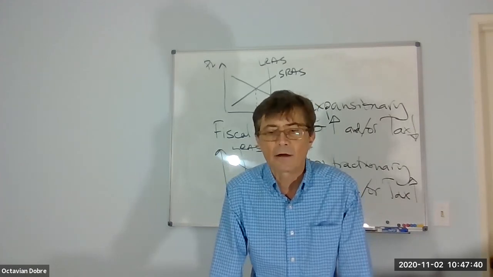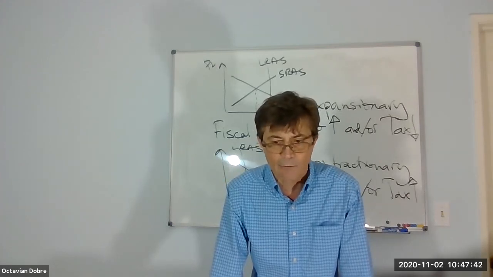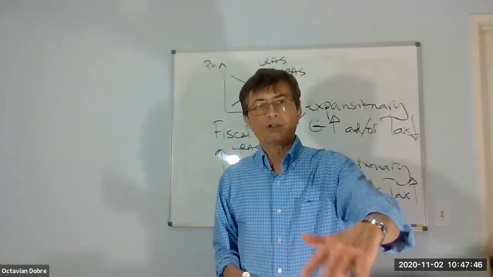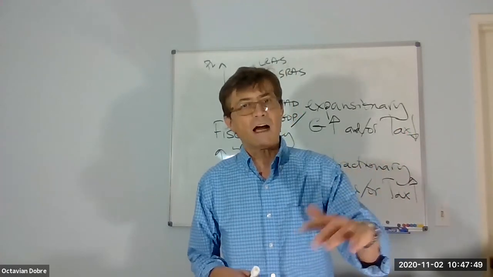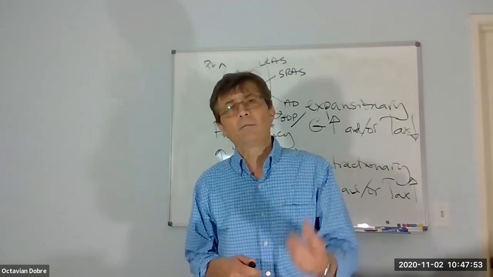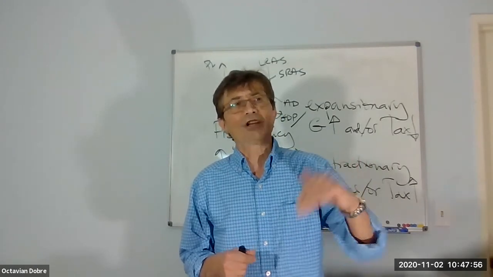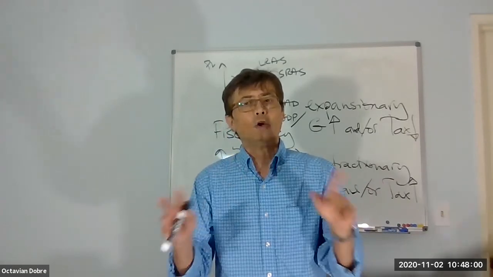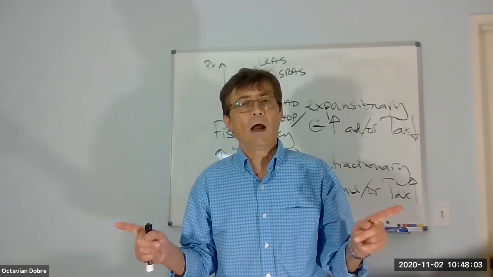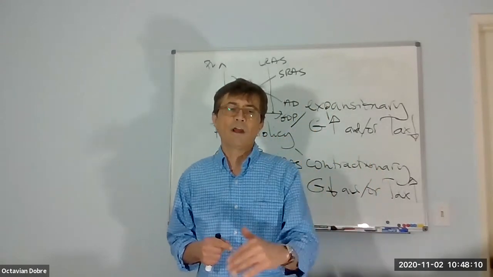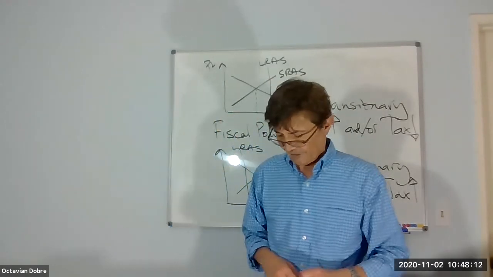In the Keynesian model, wages are sticky downwards. In other words, if the economy goes into a recession, wages do not adjust downwards. Do you remember what prevented those wages from adjusting downwards under the Keynesian model? Long-term union contracts. Exactly. Long-term union contracts prevented the wages from going down. Very good.